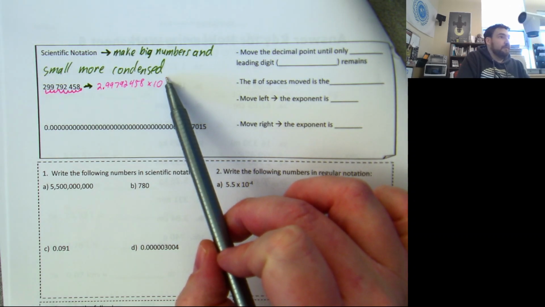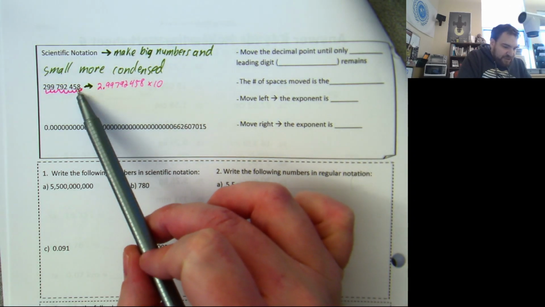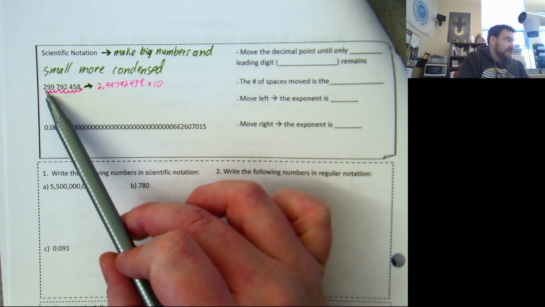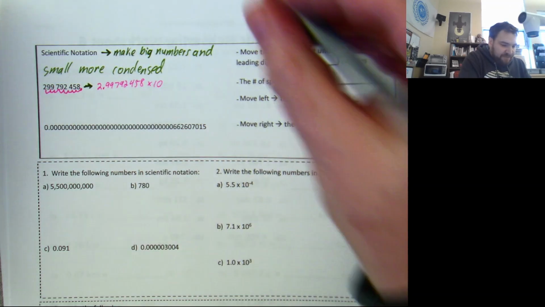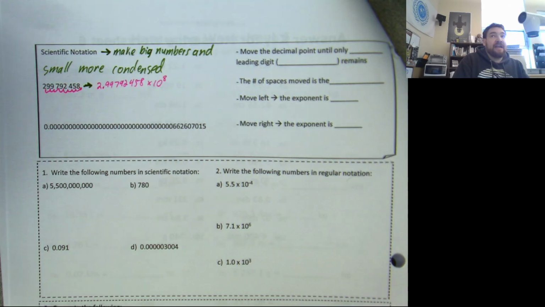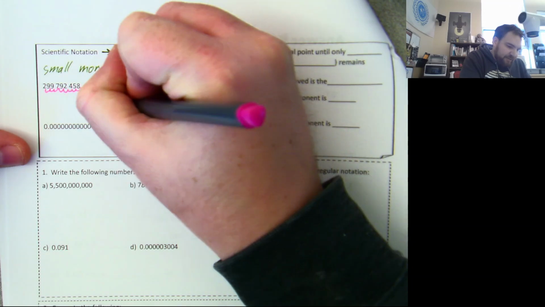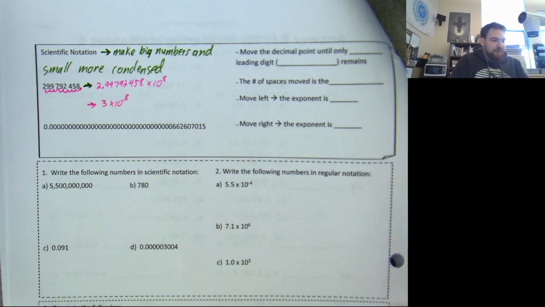So we jumped 1, 2, 3, 4, 5, 6, 7, 8 times to put the decimal place between the 2 and the 9. So this would be times 10 to the 8. That number hasn't been overly condensed, really. So we're going to round it. Often this number shows up as 3 times 10 to the 8. 2.99 rounds to 3.